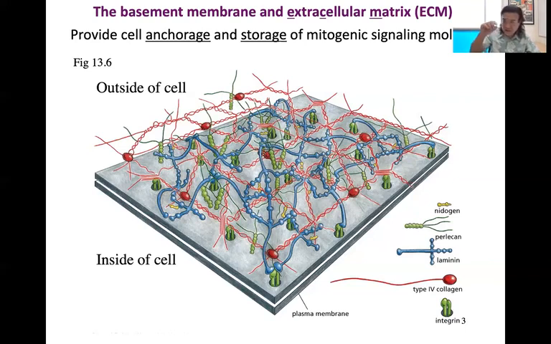Because this is a particularly dense region of extracellular matrix. So keep that in mind, right? Extracellular matrix provides anchorage for things like epithelial cells, and it provides sort of a reservoir of different types of growth factor signals, other types of cell signaling molecules that just get stuck and held in the ECM, right? And then are not able to reach the surface of the cell.